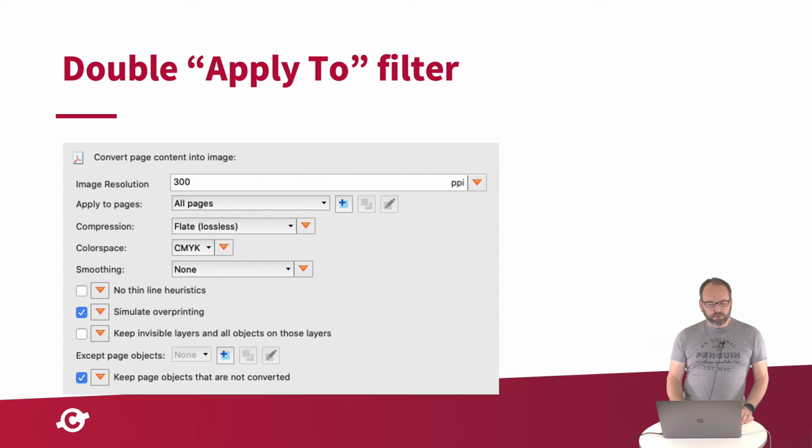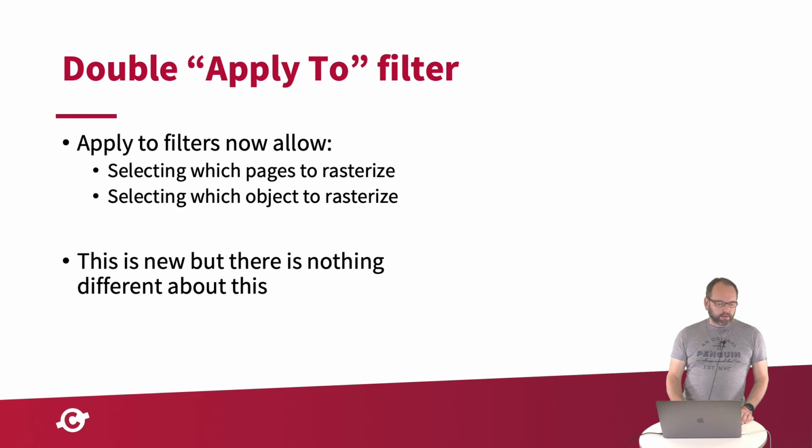So that allows you to control that. It's a small thing. It's not a really new thing. Apply to filters have existed for a long time. It's just that now in pdfToolbox 12, you have the ability, or the engine has the ability to have multiple apply to filters, and you see that used here. And there is at least one other Fixup that uses that as well. And I forget which one it is.